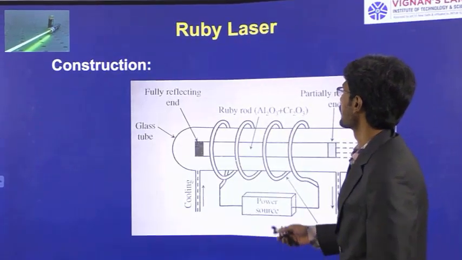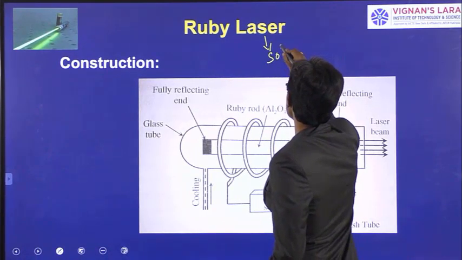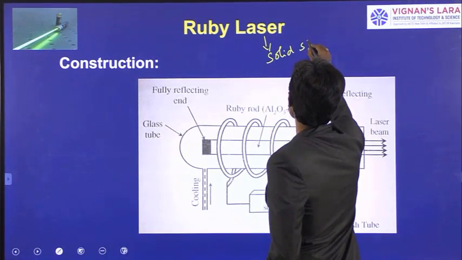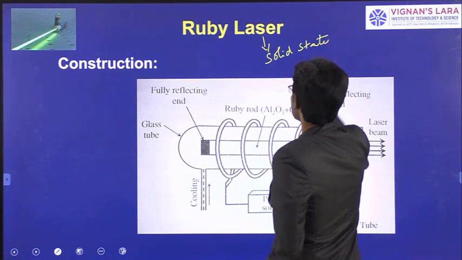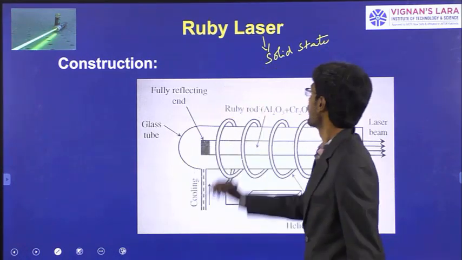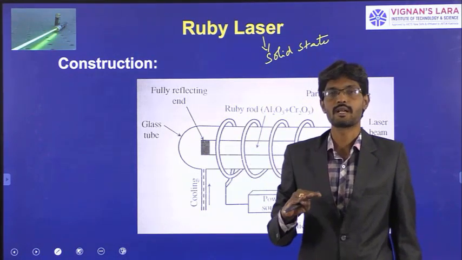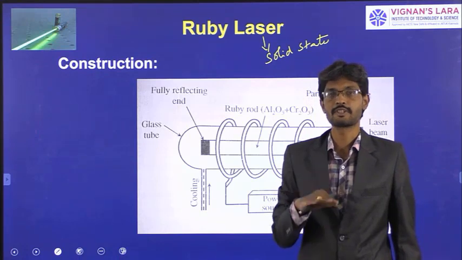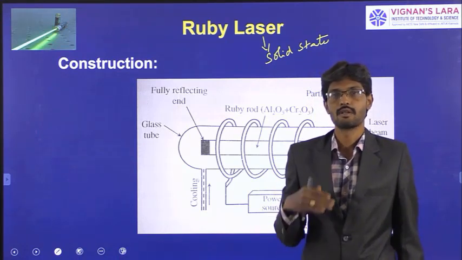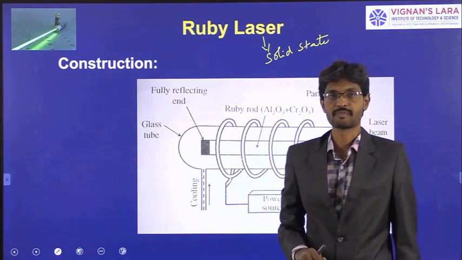So in this session, we are going to cover this topic. The ruby laser is a solid state laser. This is the first laser device which was designed after the theoretical explanation of the production of laser.